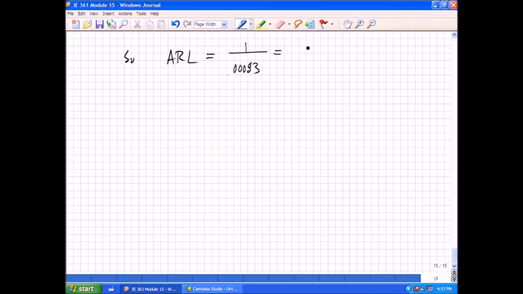It's 1,205. So we're going to wait on average 1,205 trials before we get a sample that has 5 non-conforming washers in it.